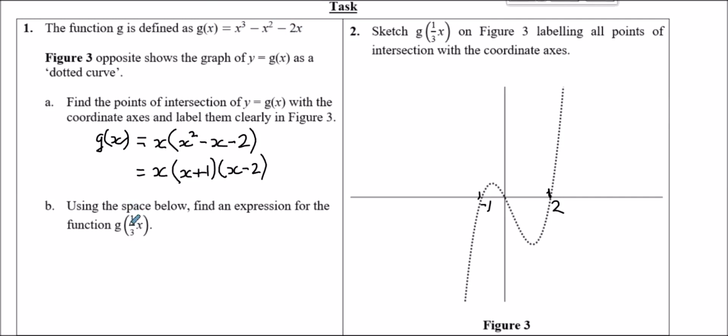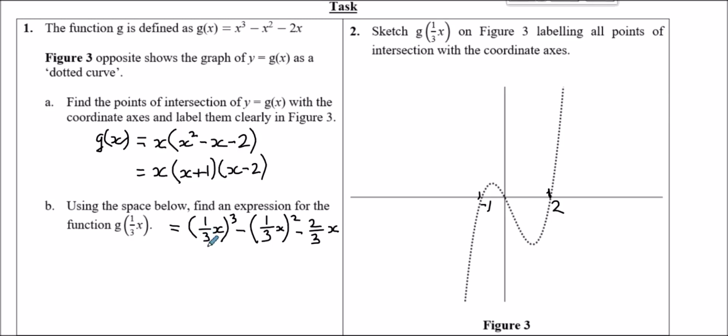Here, if the input is 1/3 of x, what we're going to do is cube the input, so 1/3 x cubed, then minus the input all squared, so minus 1/3 of x all squared, then minus 2 lots of the input. 2 times 1/3 of x is 2/3 x.